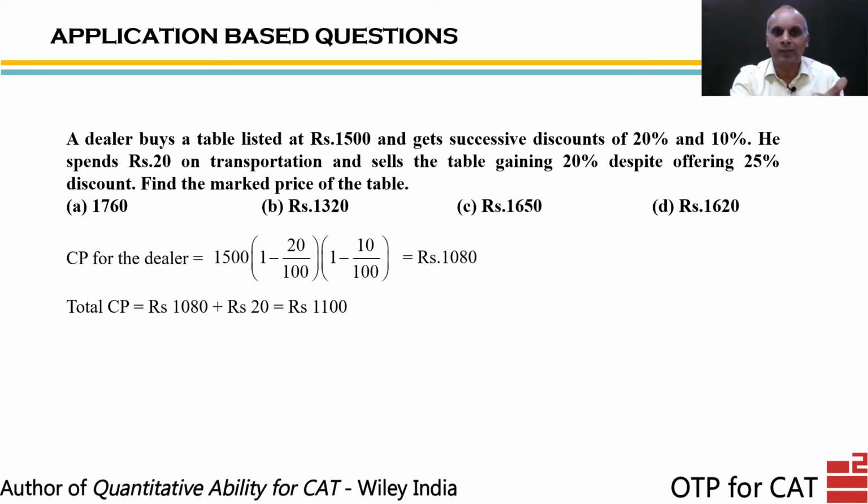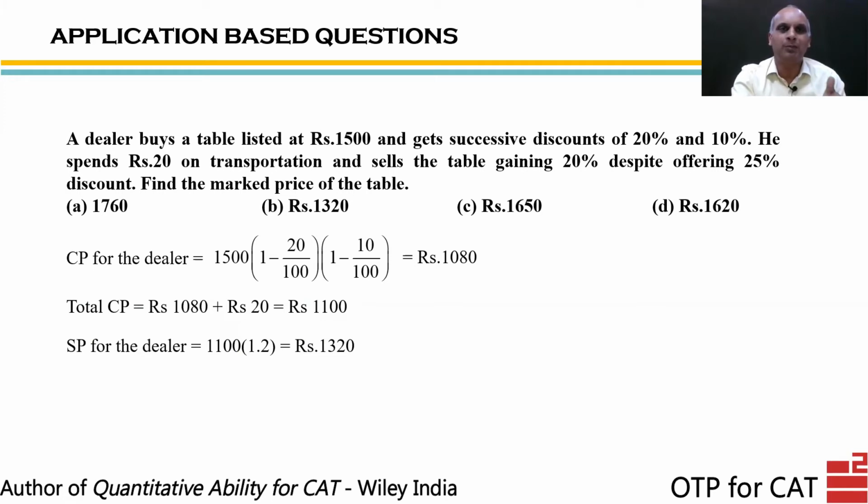And it's later given that he gains 20%. So if the gain is 20%, his SP will be 1100 into 1 plus 20%, which is into 1.2, and that gives me 1320 rupees. This is the SP for the dealer, but this is the SP after he has given a discount. He has offered a discount of 25%. That means now we have to use the formula connecting SP and MP.